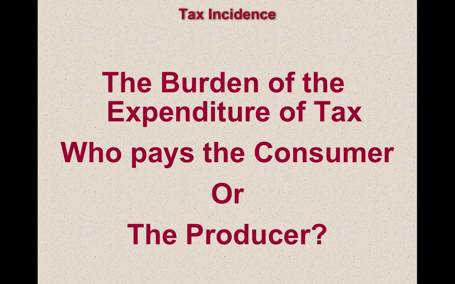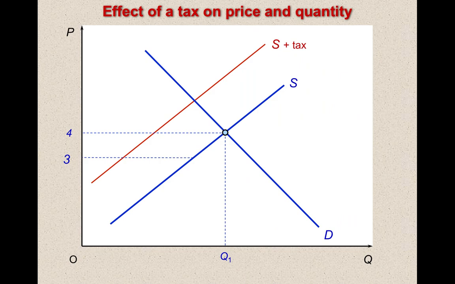So in the last example, we saw that there was government revenue that was created because of a tax. And when that happens, part of that tax is paid for by the producers, and part of that tax is paid for by the consumers. This is called tax incidence, and we're going to look at who is paying what portion of the tax.